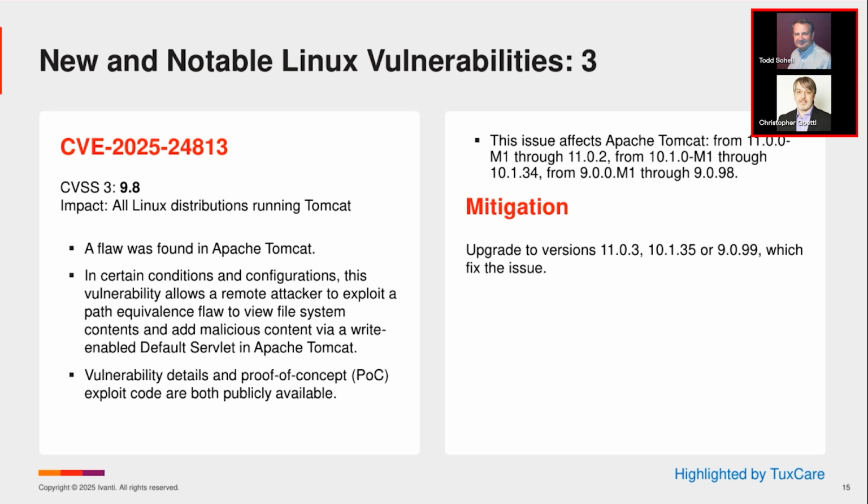There are mitigation recommendations you can do, monitoring that you can apply, deploying WAF rules, different things like that. But ultimately, patching is the ideal path to get this fully resolved in your environment. So take a look at those versions and make sure that you're getting your Apache Tomcat instances on Linux up to date.